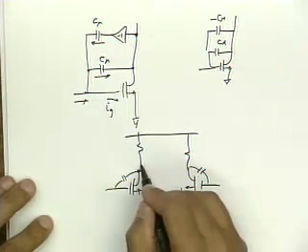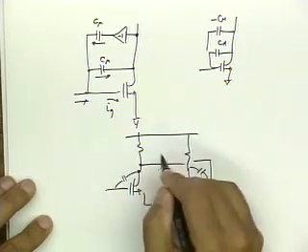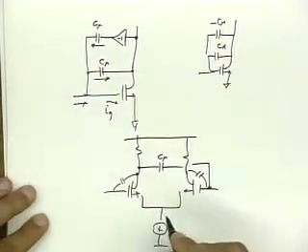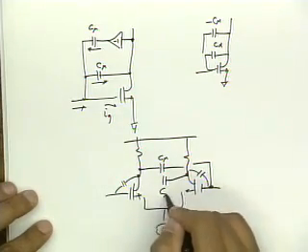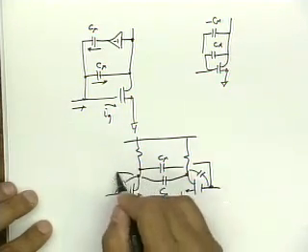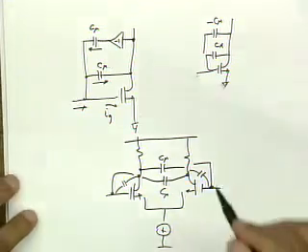So I can take this node here and connect a fake C mu, if you like, and I can take this node here and generate another fake C mu and connect it into here. So this cross-coupling will provide unilateralization for this device, or neutralization. Okay?